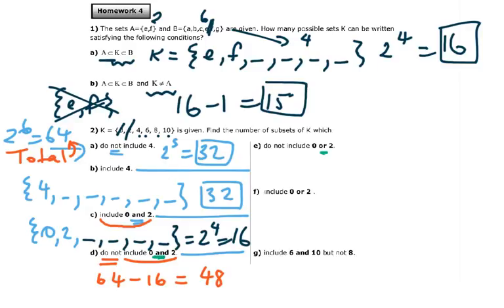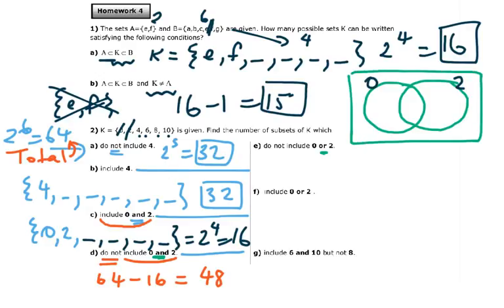Let's go ahead to E now, and we see that the only difference is that instead of and, we have or. If we recognise that and is the intersection and or is the union, we can draw up a quick Venn diagram where this is the universal set, with the sets for 0 and 2.